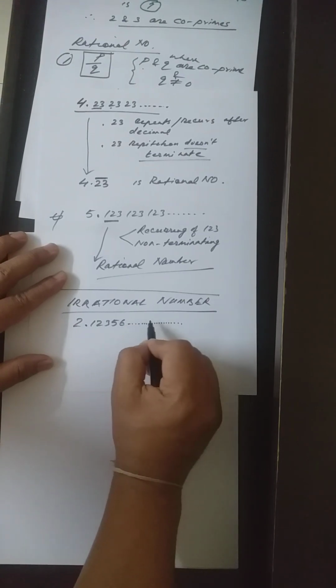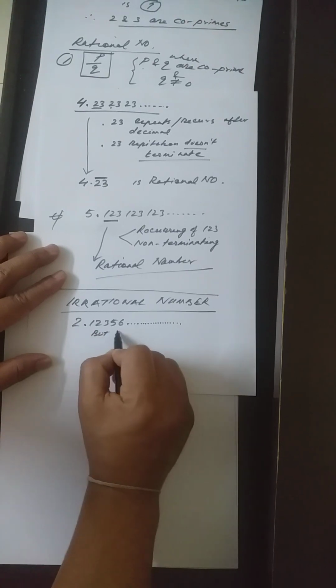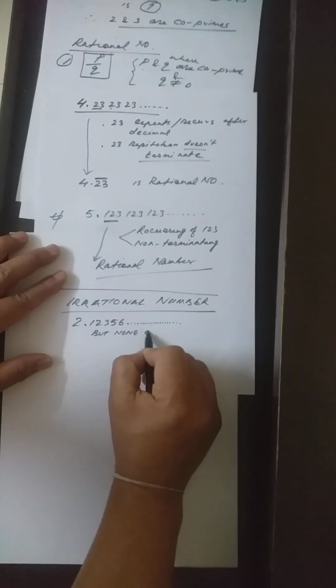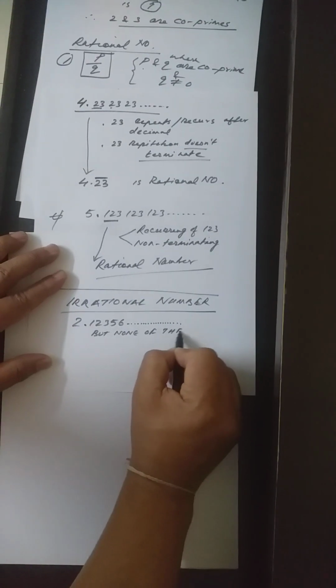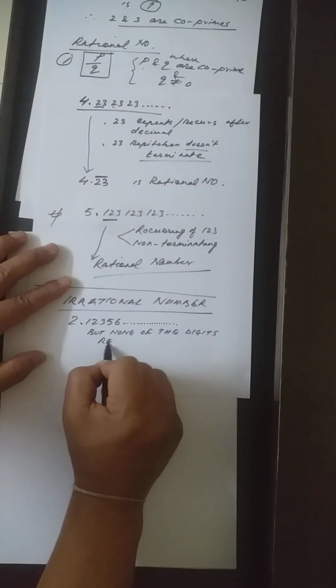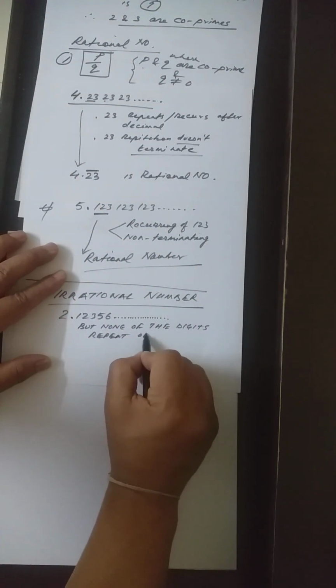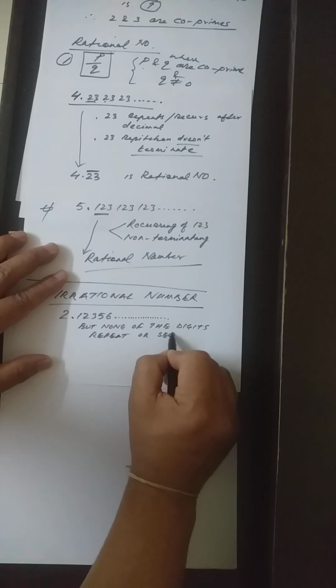It may be 7 8 9 10 and 11, but none of the digits repeat, or the sequence doesn't repeat.